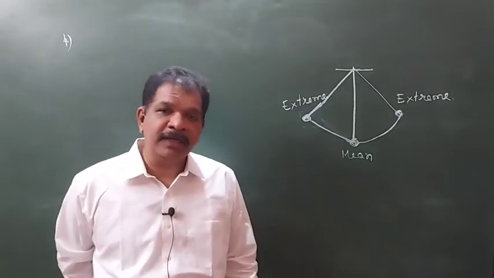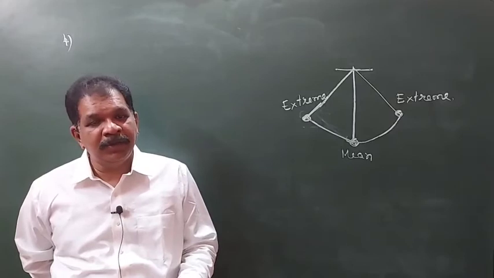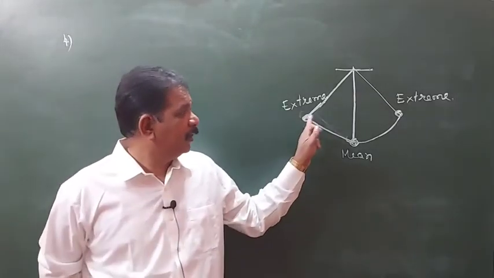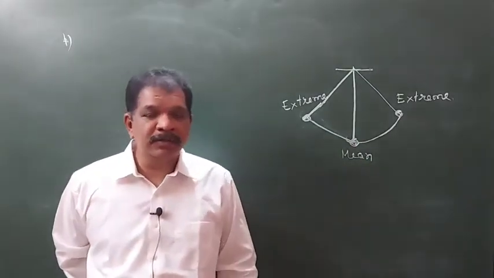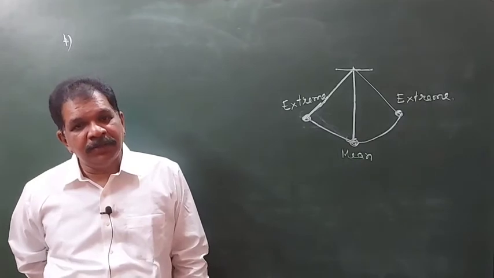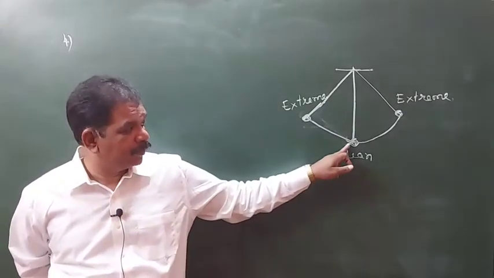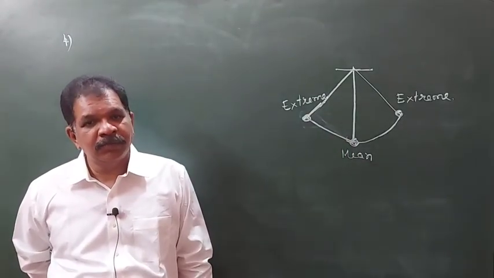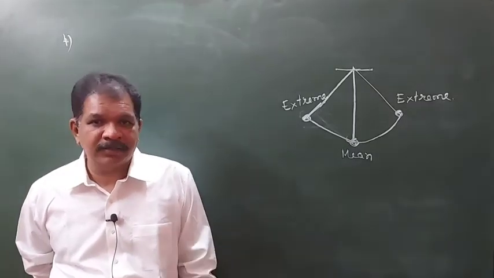Velocity 0 means kinetic energy is 0. So total energy will be in potential energy form at extreme positions. At mean position, potential energy is 0, so total energy is in the form of kinetic energy.